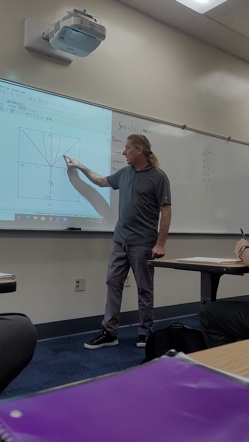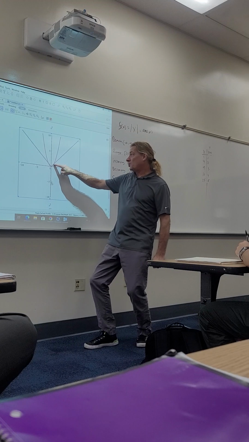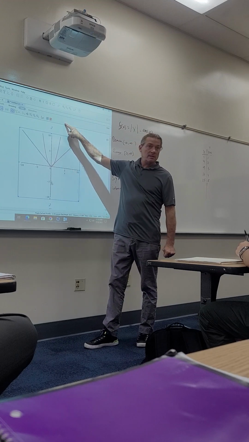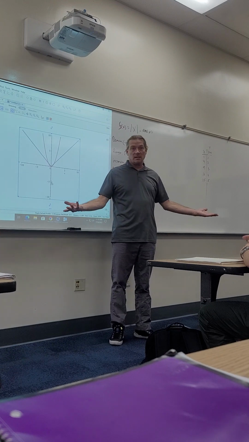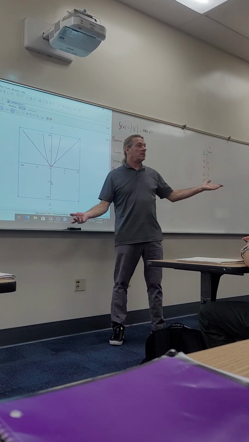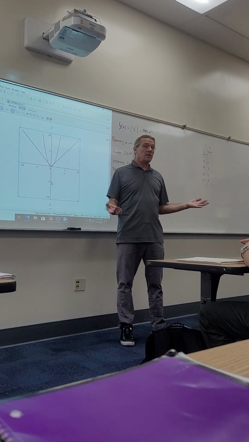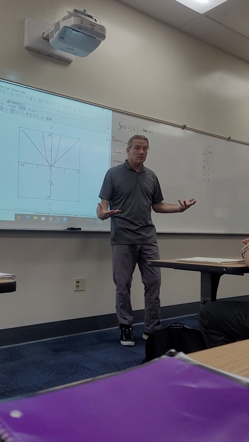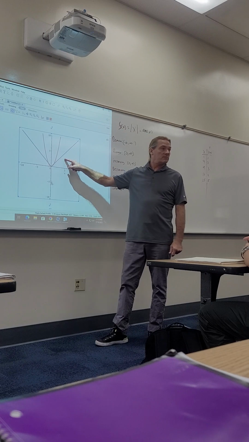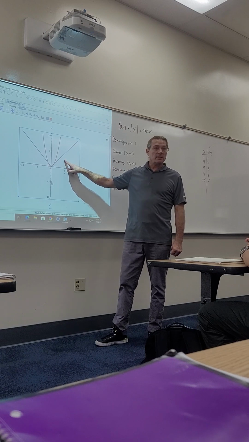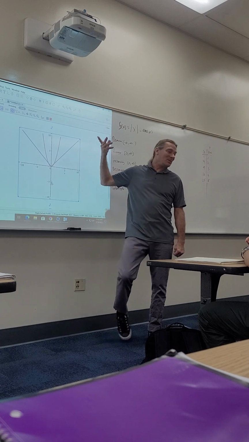This one grows this way, which isn't bad. This one grows this way. The rate of increase is much higher. Not that money's everything in the world, but the reason people invest money is to make more money. So if you had a choice, you would choose the red one.